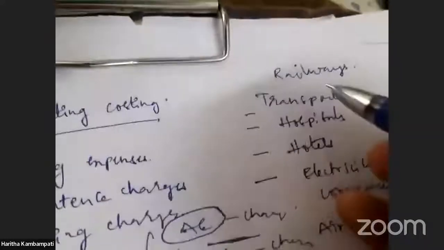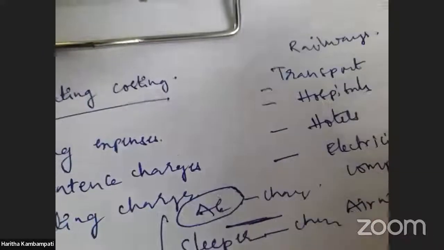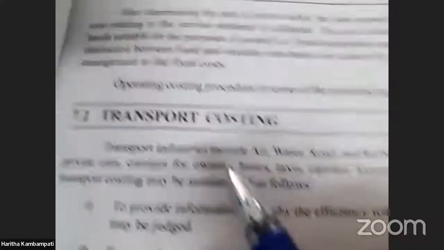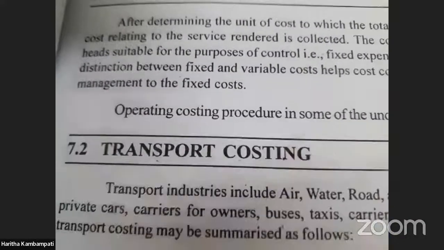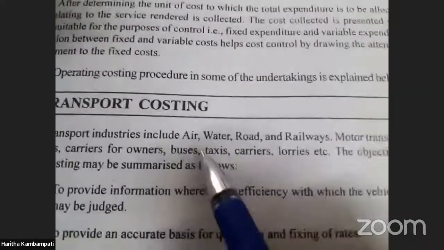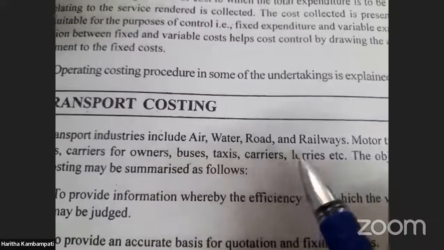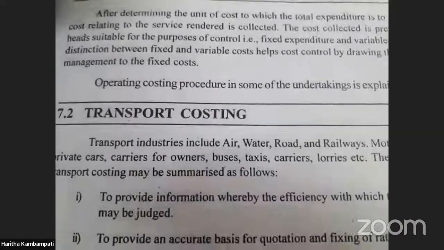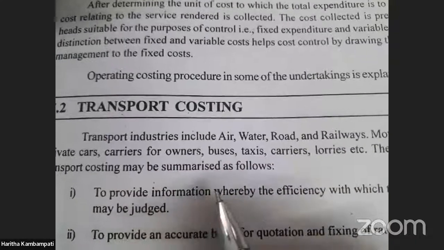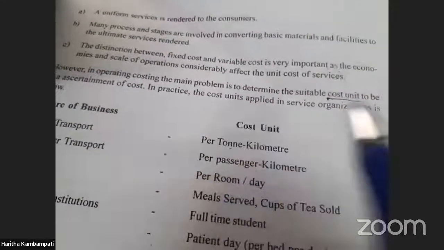It is applied in various organizations, but we'll be discussing this transport costing itself. It includes water, air, road and railways. The objectives of motor transport costing may be summarized as follows. The main motto is to ascertain cost per unit.